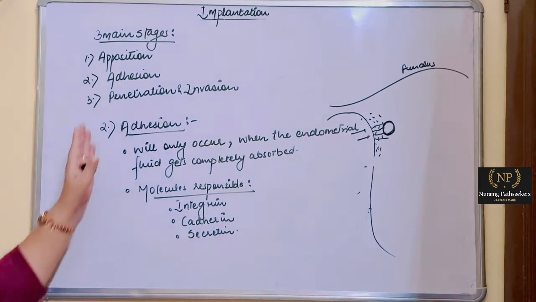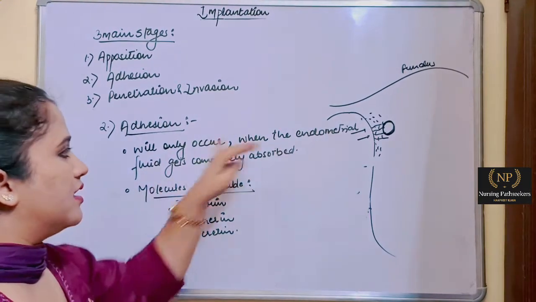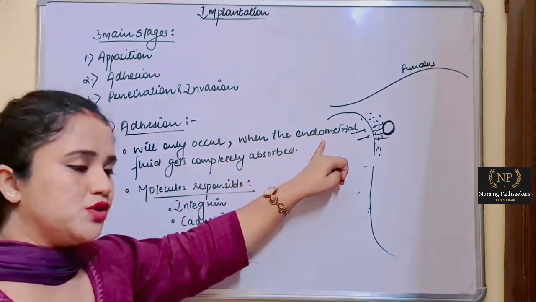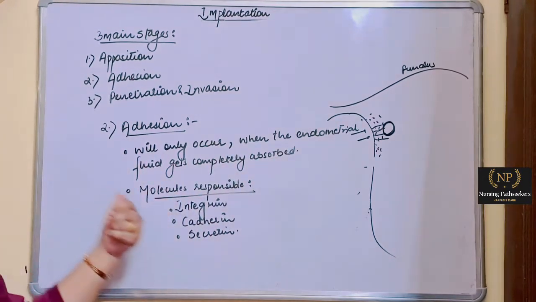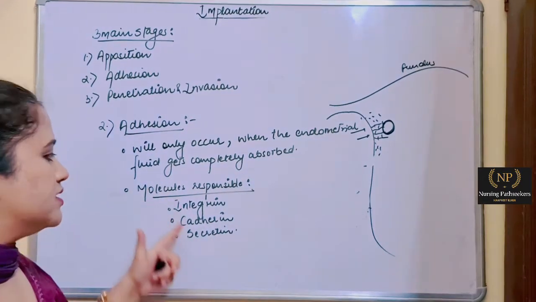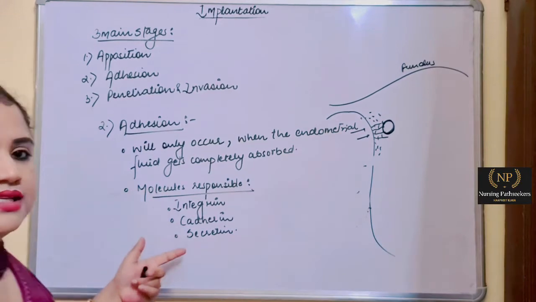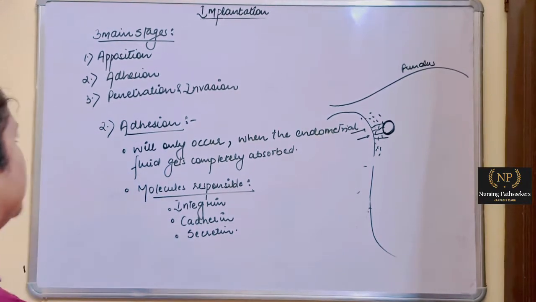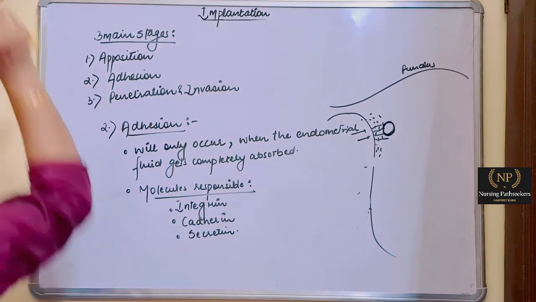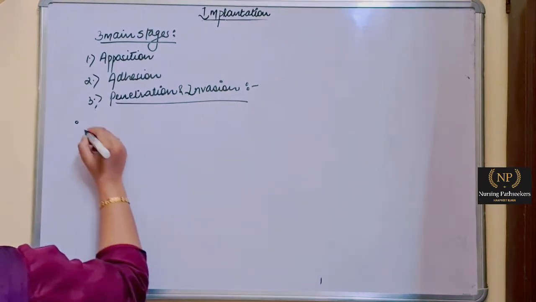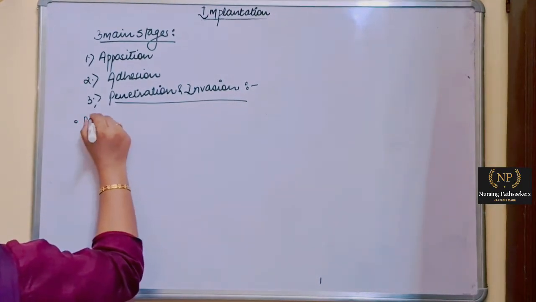Adhesion will only take place when the endometrial fluid is completely absorbed, and this process is controlled by the molecules integrin, cadherin and selectin. Now let's proceed to the third stage, that is penetration and invasion.